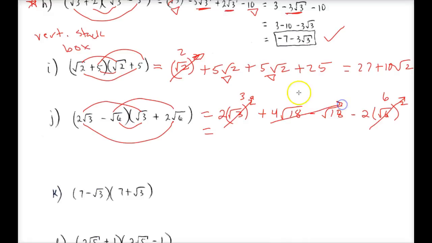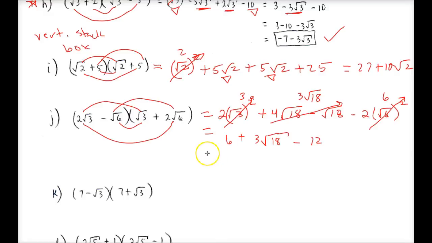So if we simplify this, this would be 2 times 3, which is 6, plus 4 square root of 18 minus 1 times square root of 18 would just be 3 times square root of 18, and then minus 2 times 6 would be 12.